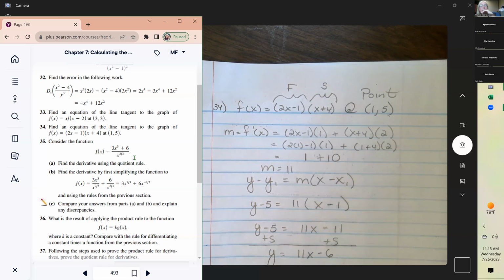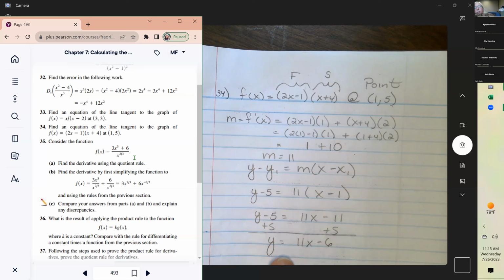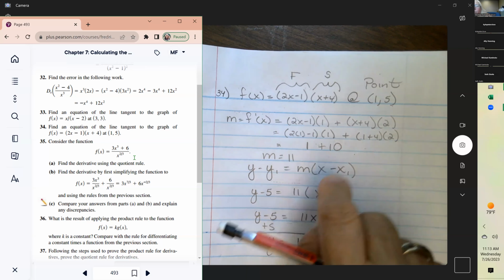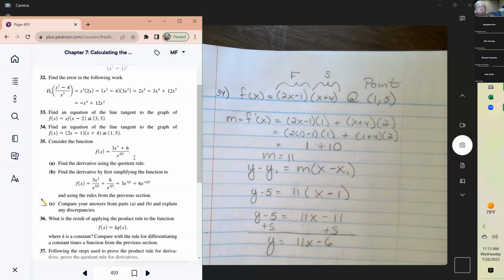There you go. So this line will touch the graph at 1 point, and that point is 1, 5. Any questions on that?